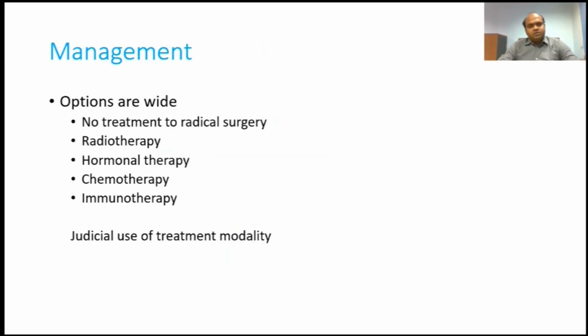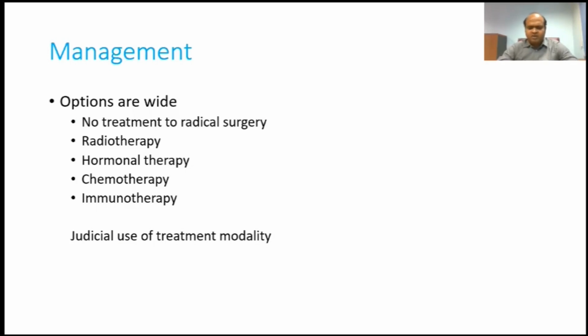So I will now describe the management of prostate cancer briefly. The management of prostate cancer varies widely, and includes no treatment to radical treatment like radical surgery, radiotherapy, hormonal therapy, chemotherapy, and immunotherapy.